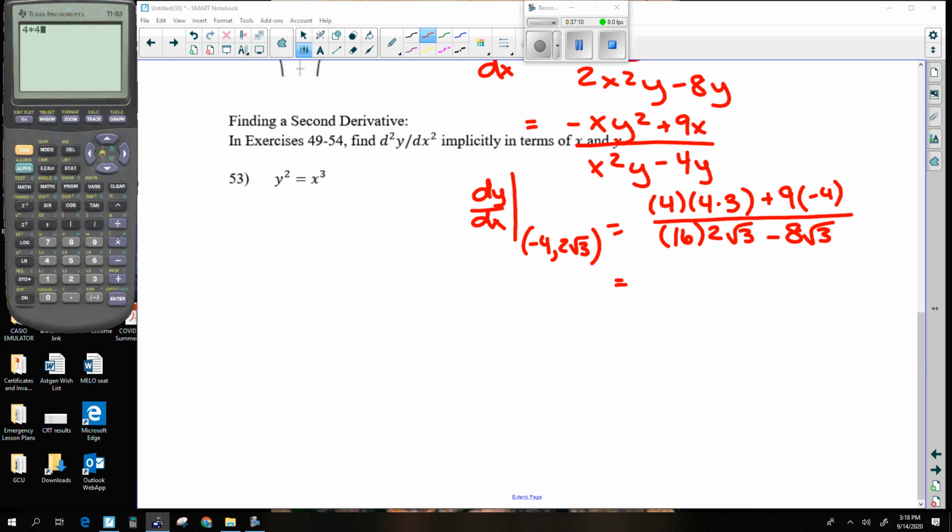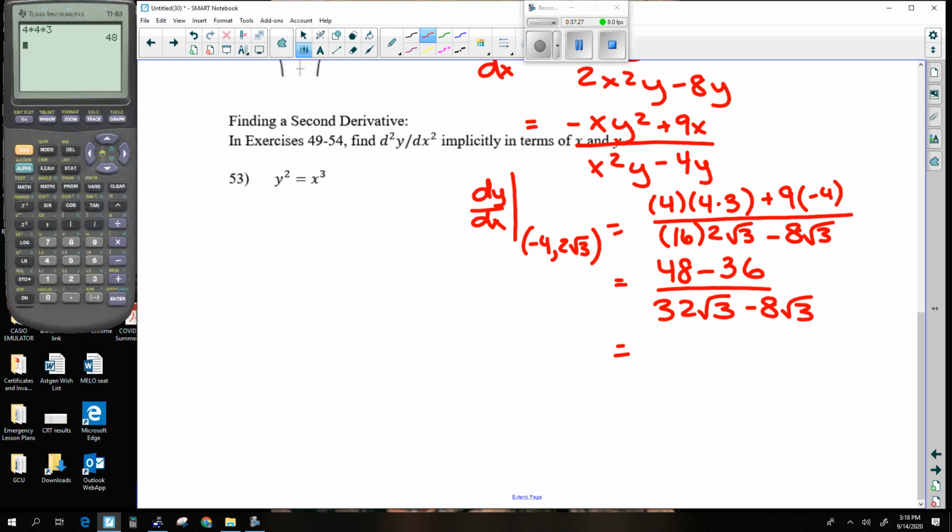So 4 times 3 is 48 minus 36 all over 32 root 3 minus 8 root 3. So common denominator there.